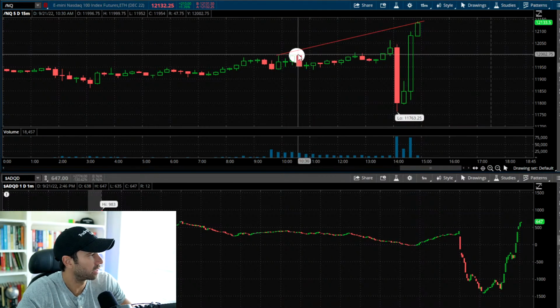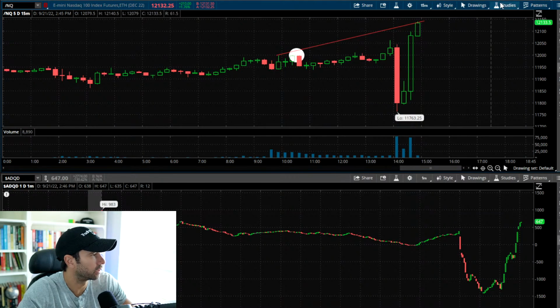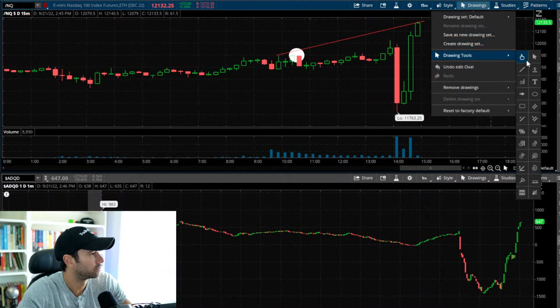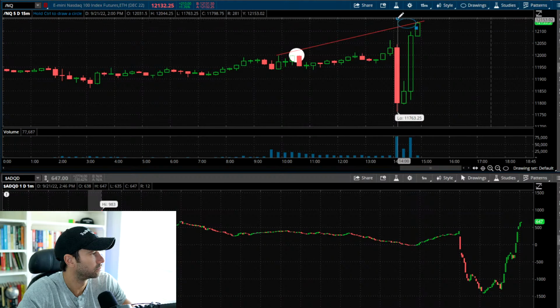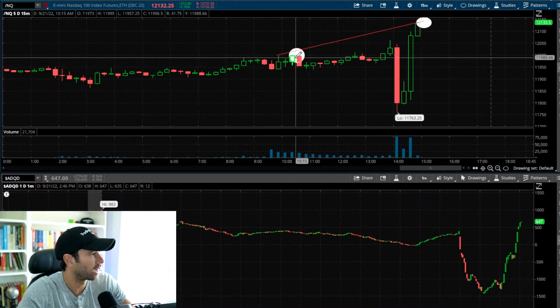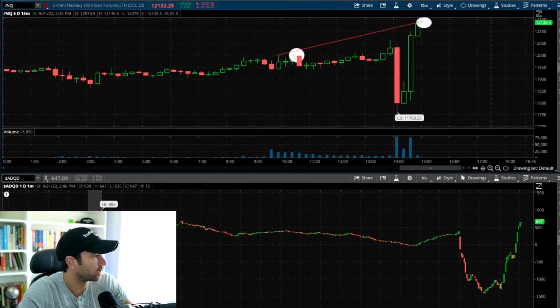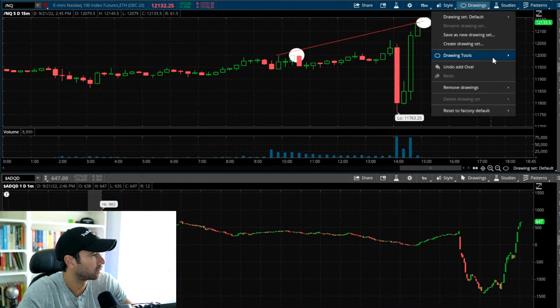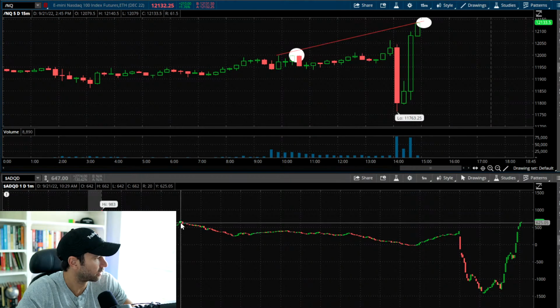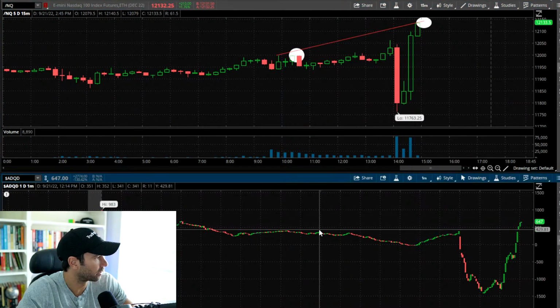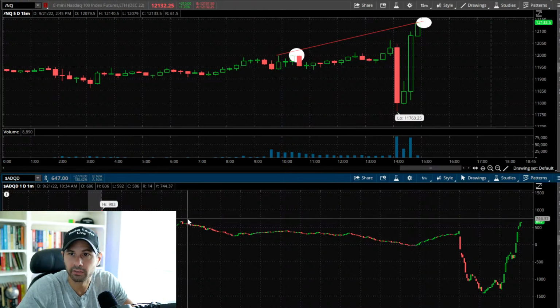So this is the high of 10:30. This is the high in the afternoon, right? Okay, so this is the high. Now here, if you guys see, this is the high, and look how similar the high is right here. It's very similar, right? So that is a lack of momentum right there.